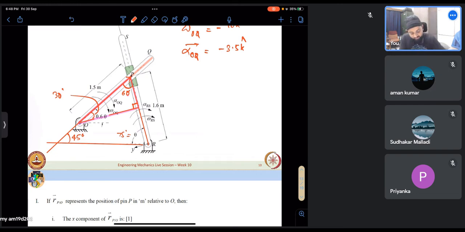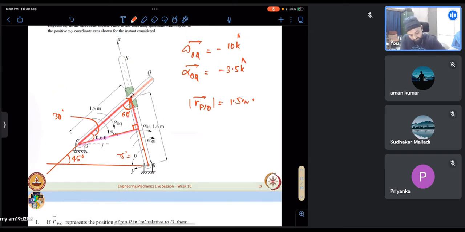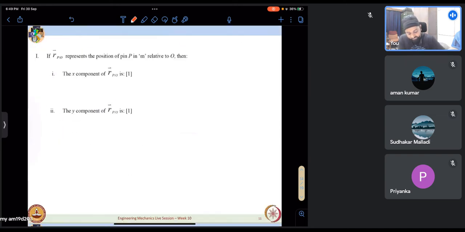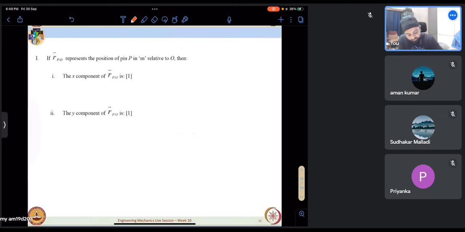Okay. So we know that RP with respect to O magnitude is 1.5 meters. So we can resolve this into x and y components. X is this, y is this. So y is essentially in the negative direction because our position vector would be like that, the component. So if we were to write this, x component would be 1.5 sine 30 degrees.